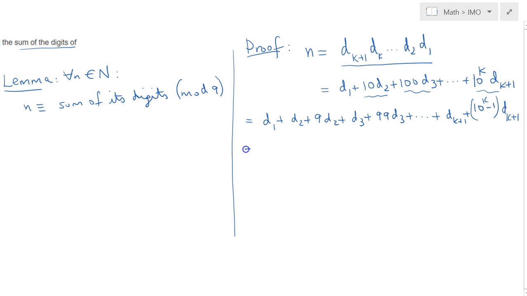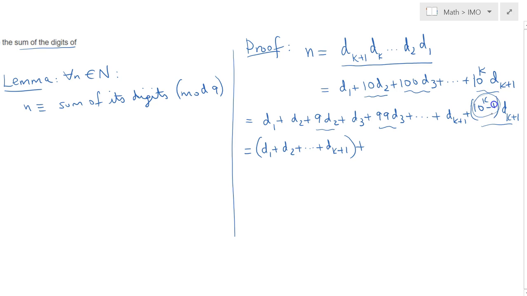Now I can reorganize these terms. Obviously, I have d1 plus d2 all the way up to d sub k plus 1, plus the remaining terms, all of which are divisible by 9.